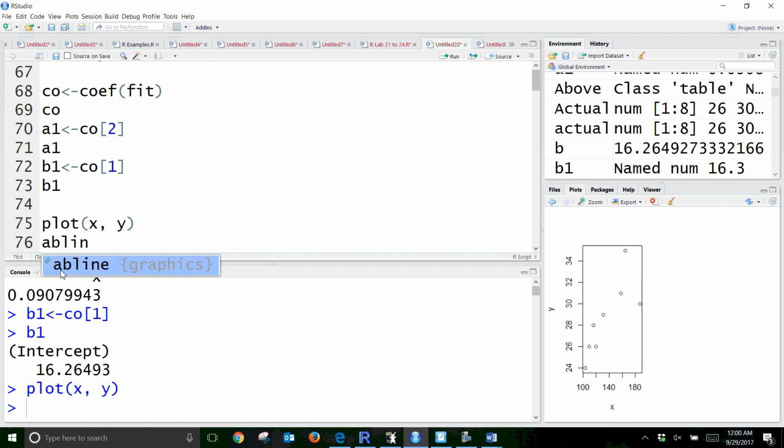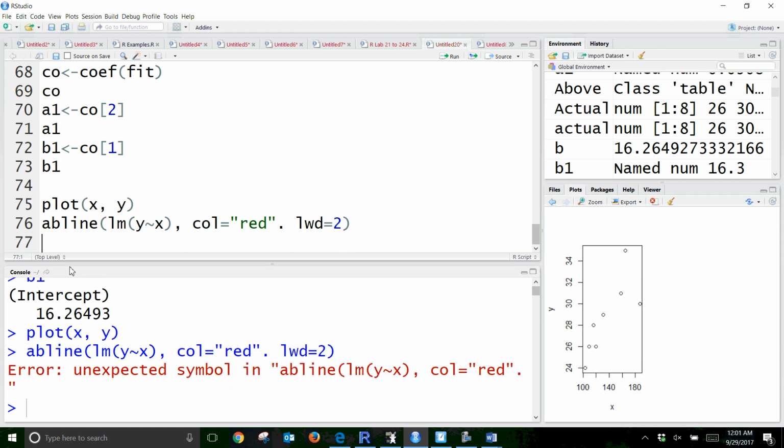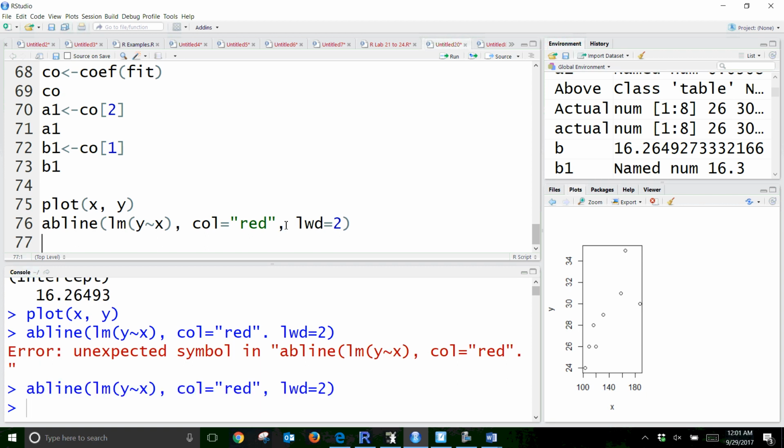Again, we're going to use the abline, but we're going to use a linear model of y predicted by x. Let's add some color to it though. Color equals red, and we'll do width equals 2. Oh, there's supposed to be a comma there. There we go. So there's my least squares regression line. Same thing we just did.